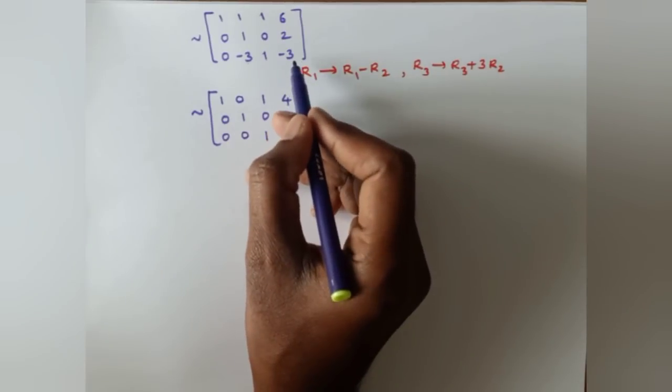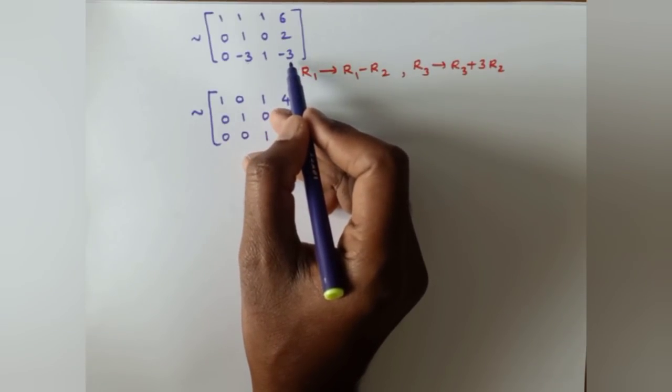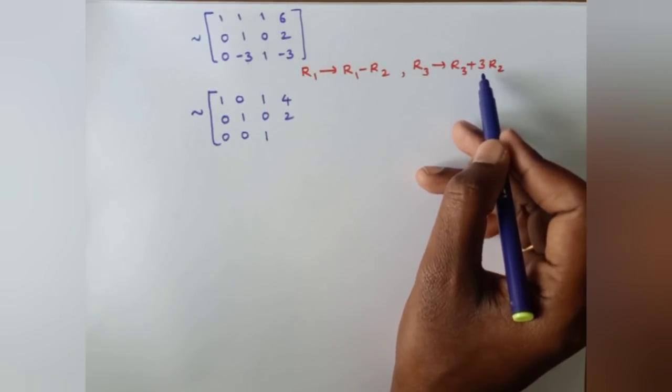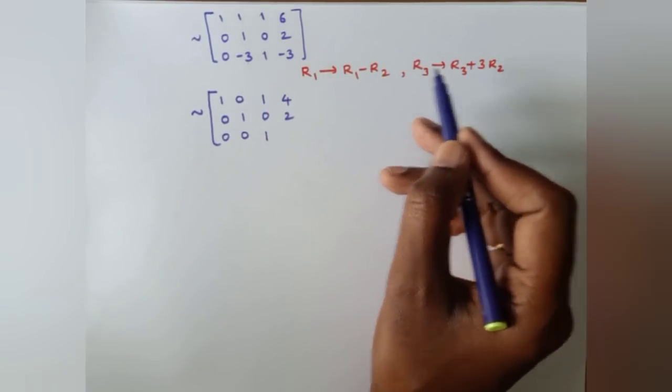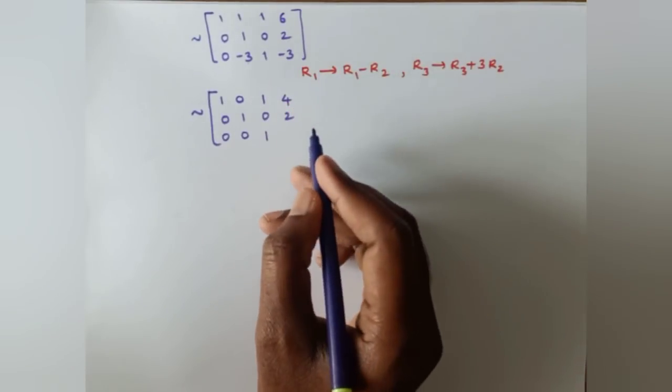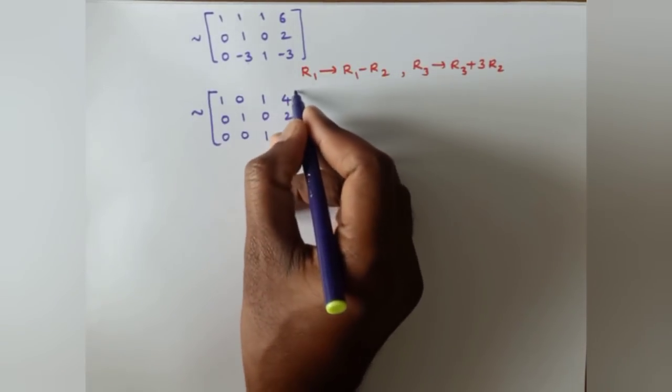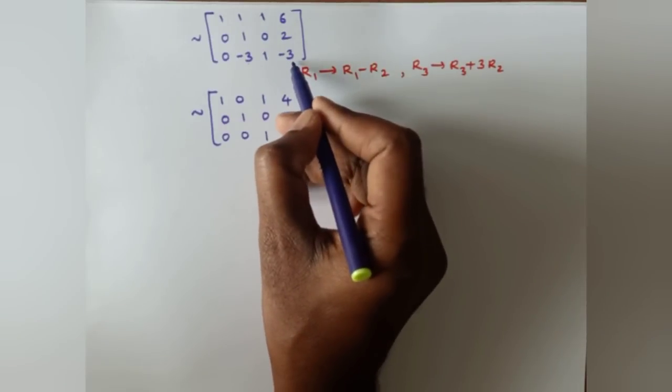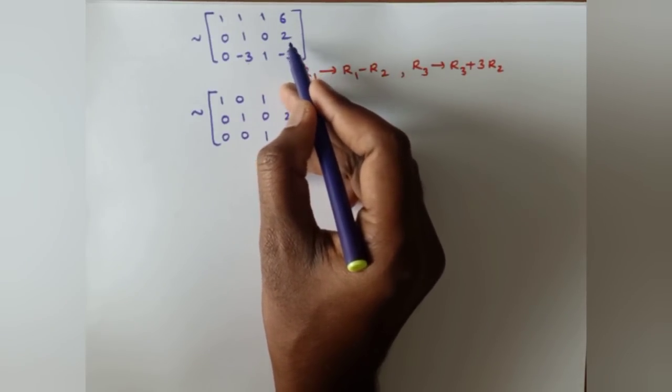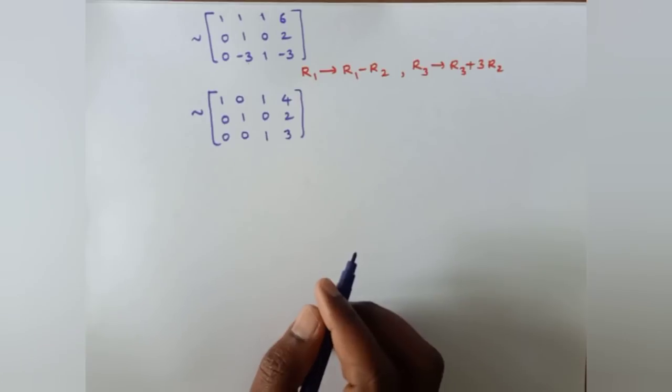Next, minus 3 plus 2 into 3, minus 3 plus 6 means 3.